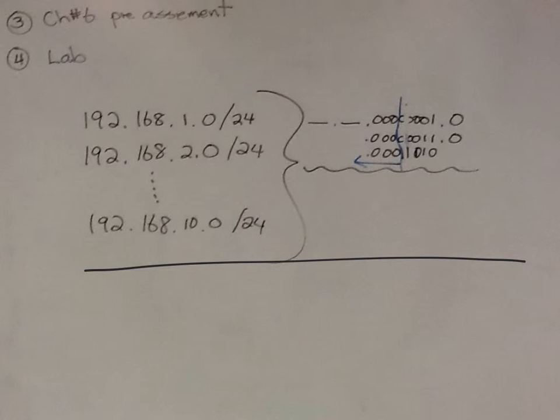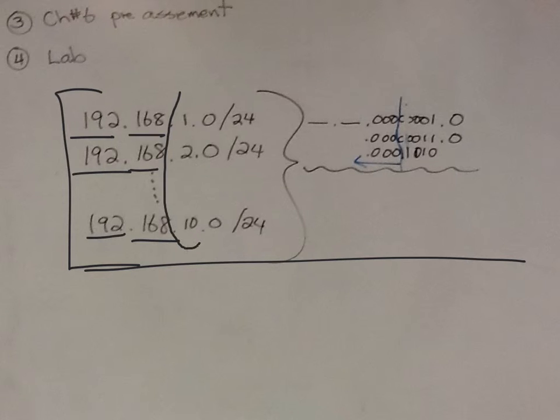Remember, if you're going to summarize a set of addresses, it's the same, same, same. So where it's different, like right here, write those octets out, and then find where they're the same. So up here, I'll do it again.